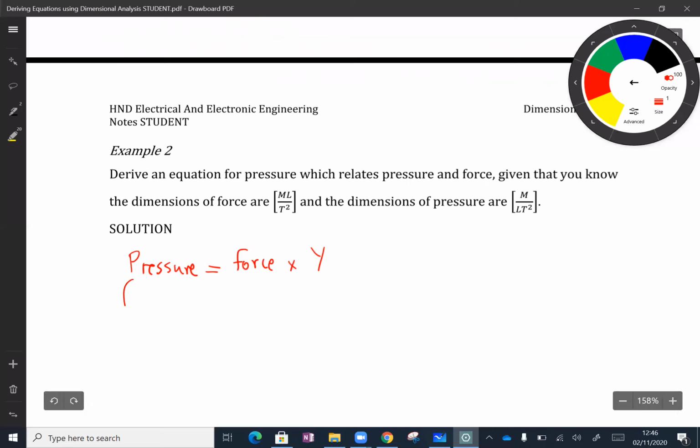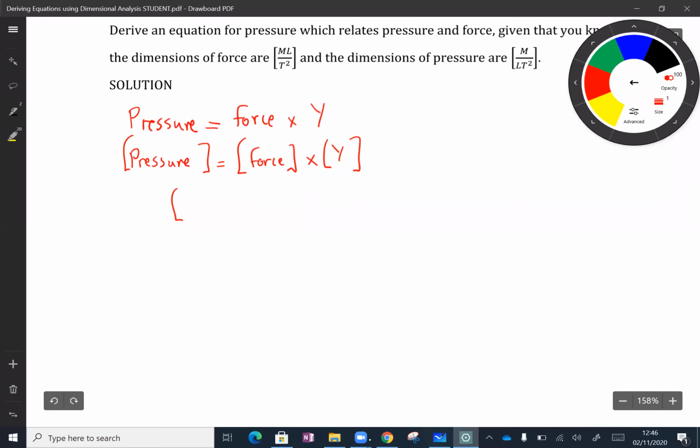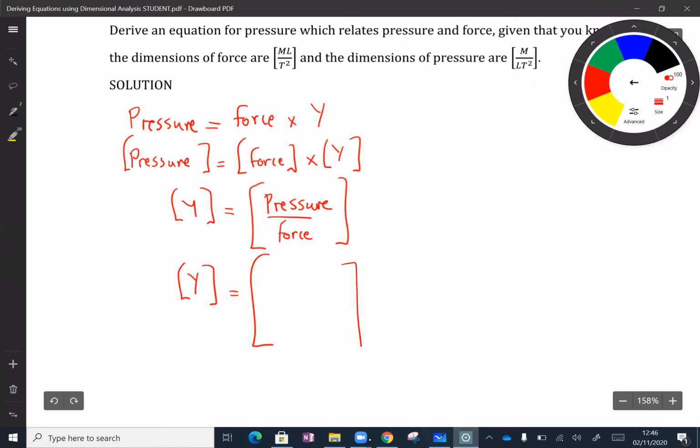Using dimensional analysis, the dimensions of pressure equal the dimensions of force times the dimensions of Y. Rearranging, Y equals pressure over force. Pressure is M over LT squared, and force is ML over T squared.